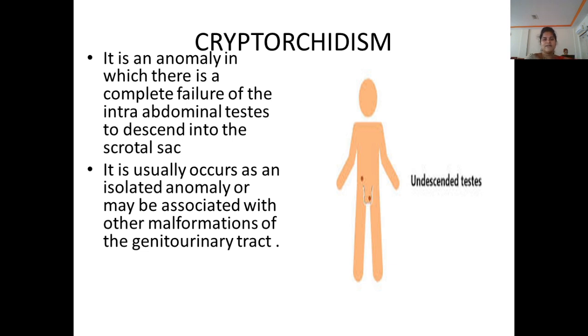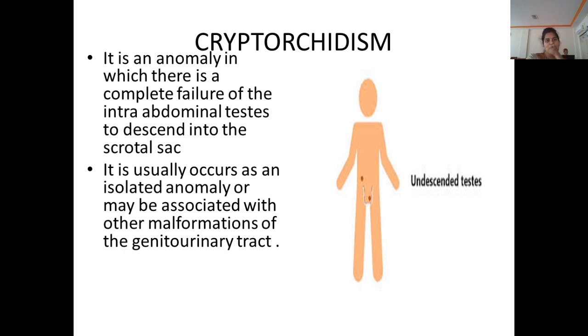We'll see some conditions like cryptorchidism. Cryptorchidism is an anomaly in which there is a complete failure of the intra-abdominal testis to descend into the scrotal sacs. In general, at birth it will be in the abdomen, and slowly it descends into the scrotal sacs.